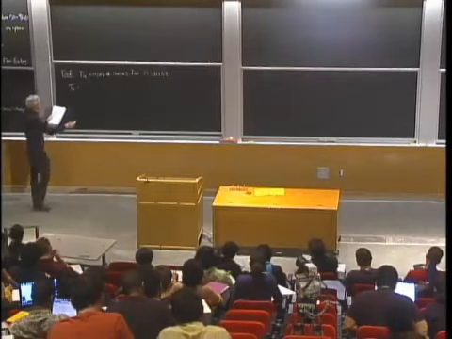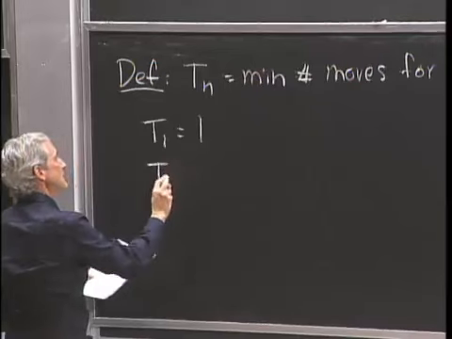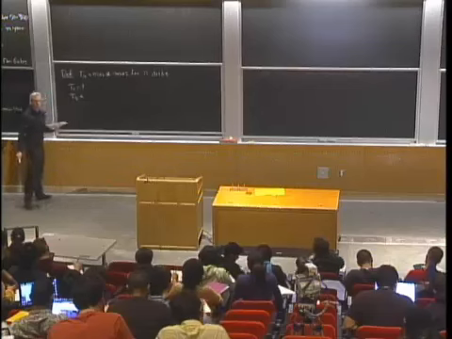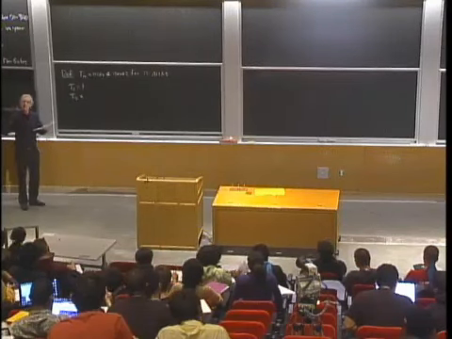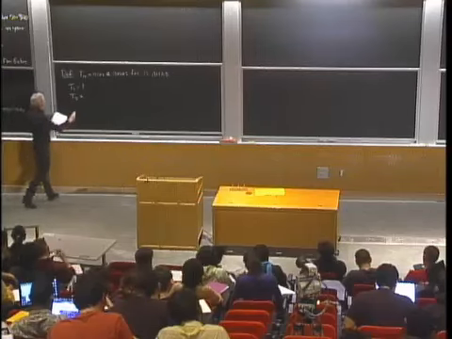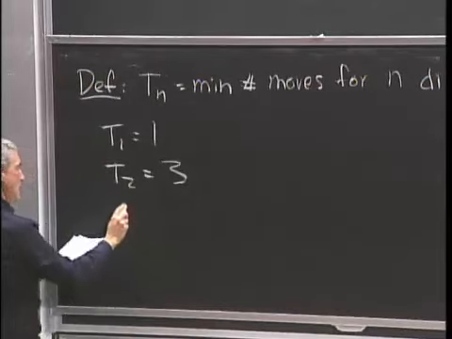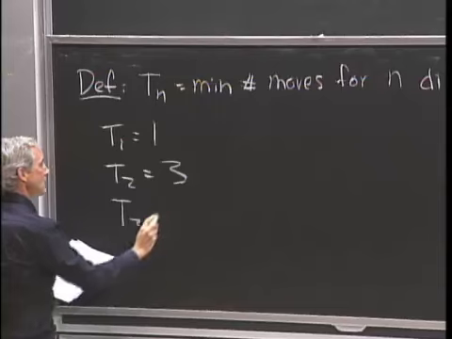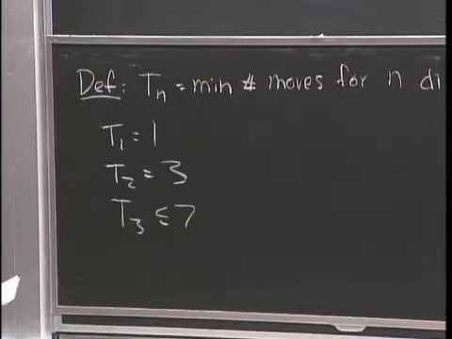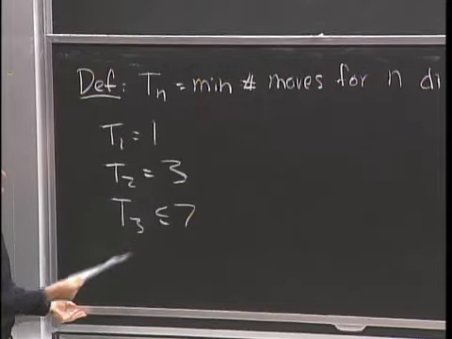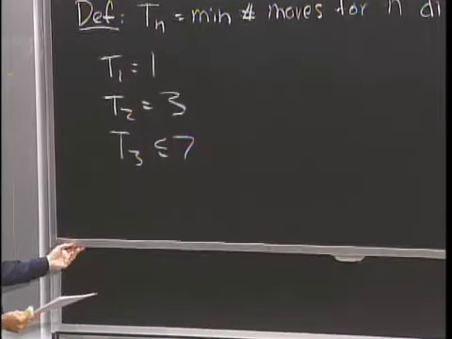I've got 1 disk, I just move it, that's easy. T2. 3. Move the little guy, move the base, move the little guy back on top. That's the best you can do. And we've seen that T3 is at most 7. Maybe there's a better way. But let's try to first get an upper bound on this.